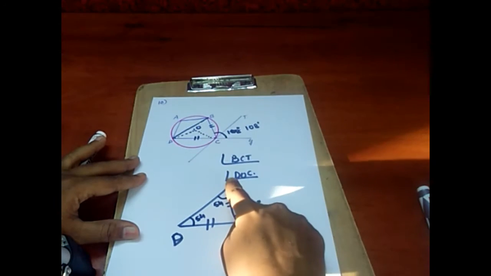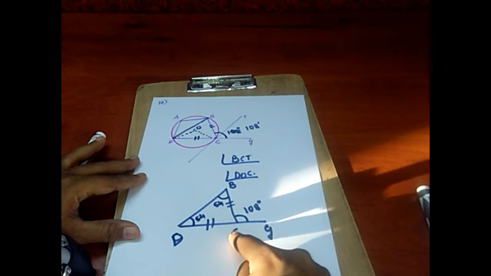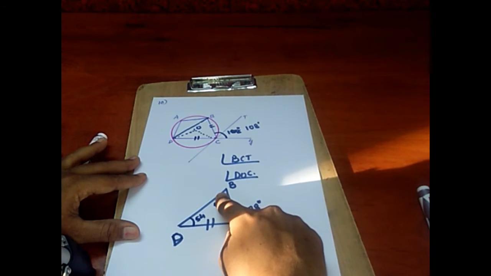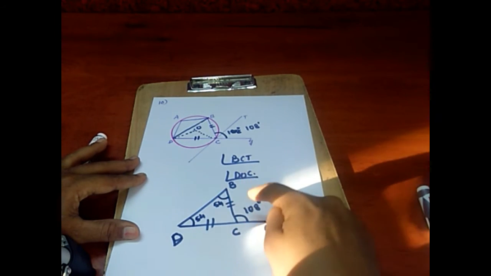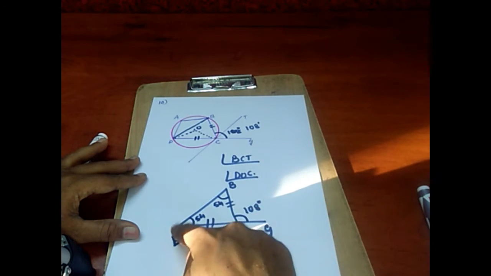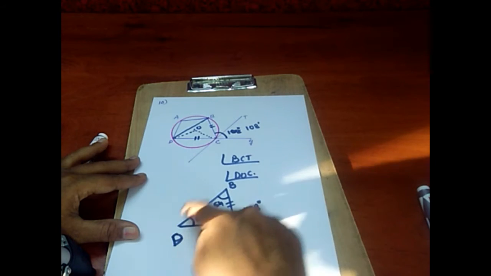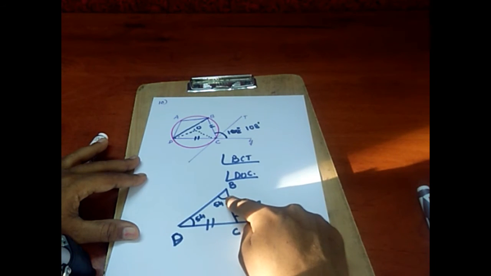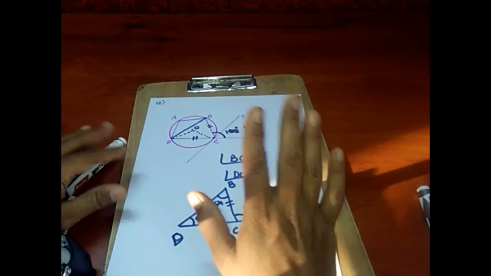Join DB, consider triangle DBC. Exterior angle is equal to sum of two interior opposite angles. As BC is equal to CD, measure of angle CDB is equal to angle DBC. Hence, each angle value is equal to 54 degree.